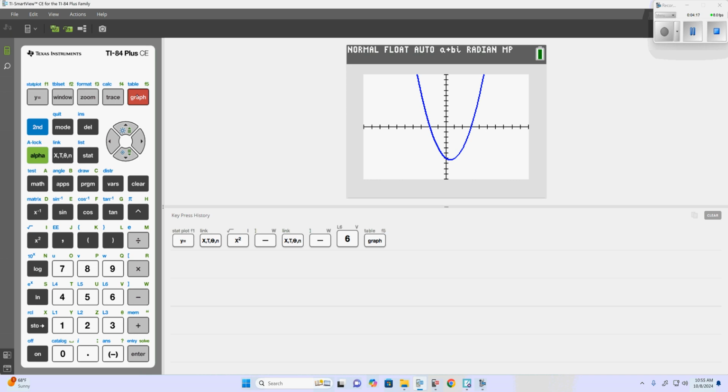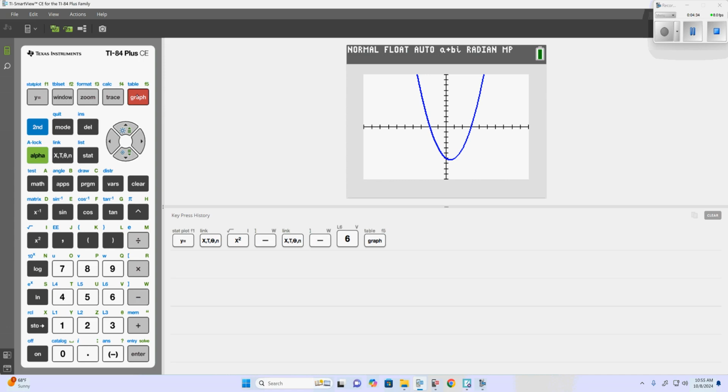So, what we're looking for when we're graphing are the values of x that make the y value be 0, where it crosses the x-axis.